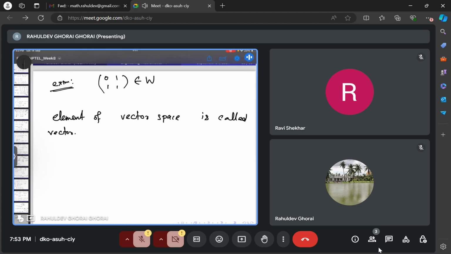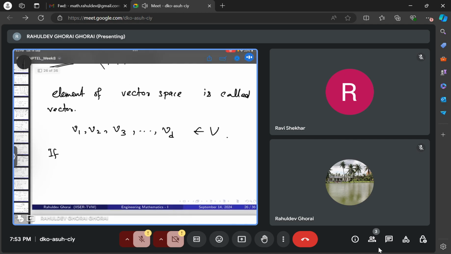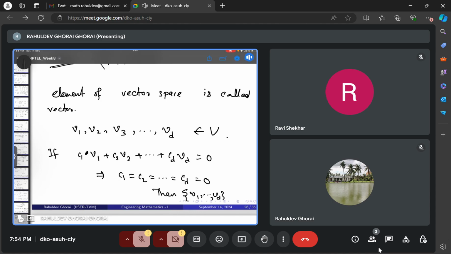So suppose you have v1, v2, up to vd belonging to a vector space V. If c1 v1 plus c2 v2 plus up to cd vd is equal to 0 implies c1 equals c2 equals cd equals 0, then we say v1 up to vd is a linearly independent set of vectors.